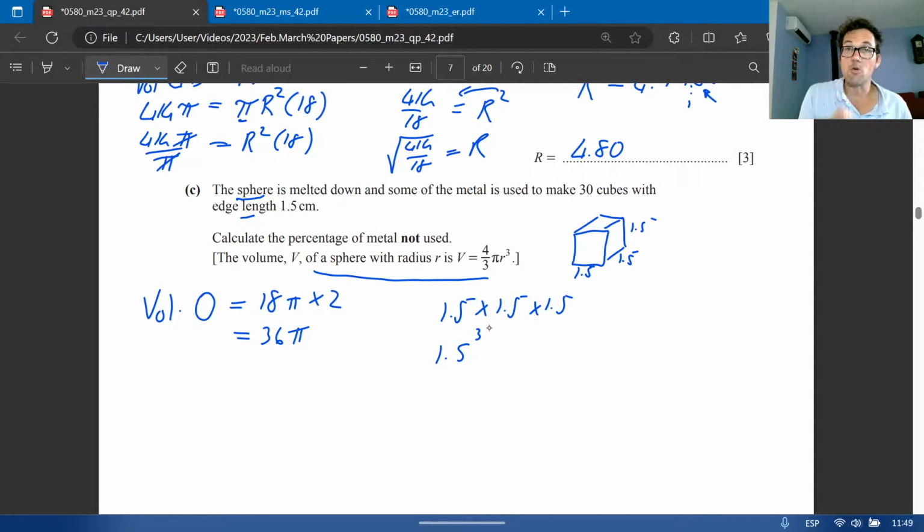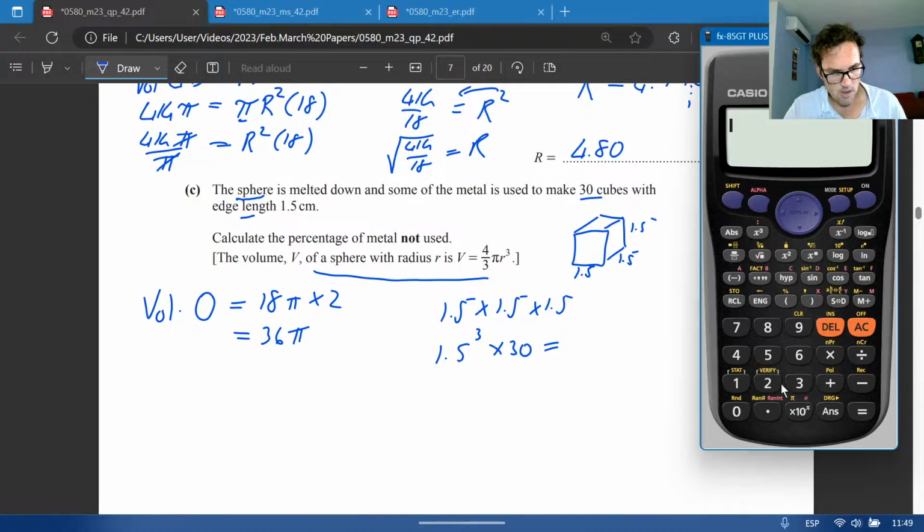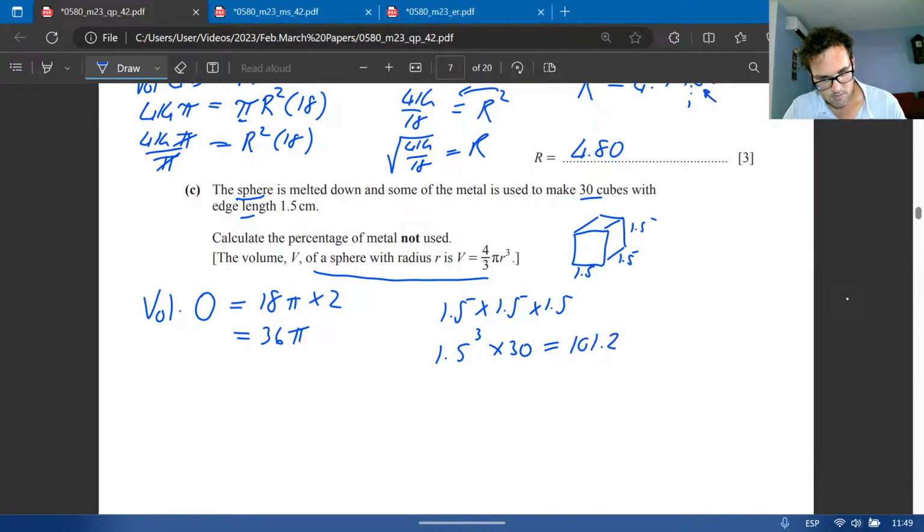So that one cube will have a volume of 1.5 cubed. And we got 30 of those cubes, so we need to multiply that by 30. That's 101.25. We're working in centimeters cubed.